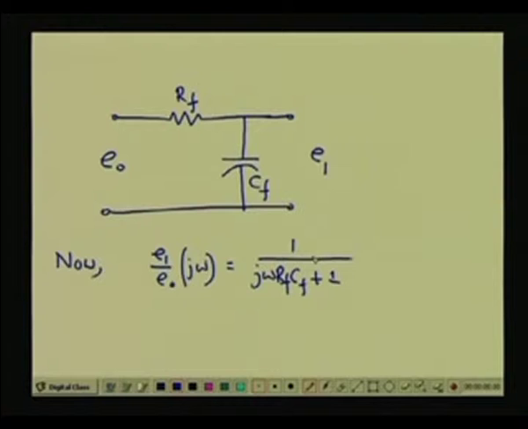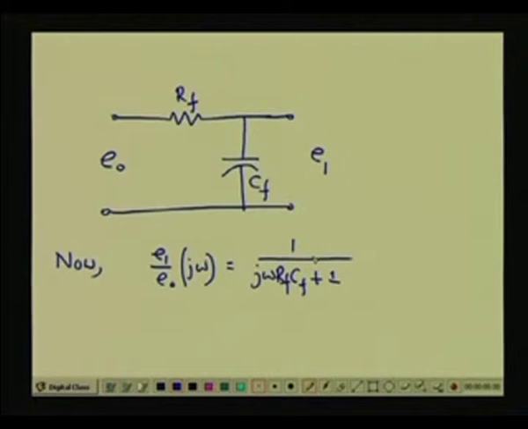Now, it is given in the problem that the ripples due to higher frequencies are to be less than 5% of the unfiltered value. So, for higher frequencies we consider 9,500 hertz and above.